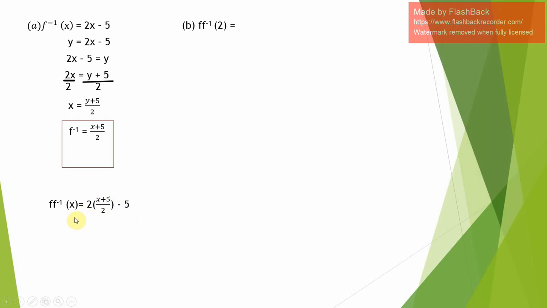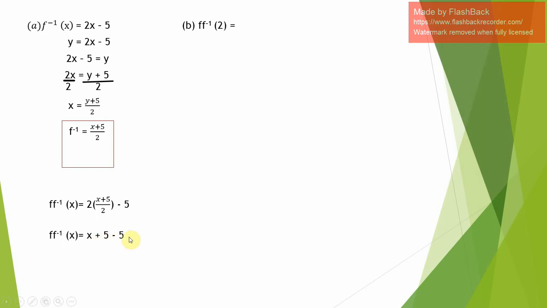If you are critically thinking, when I multiply by 1 throughout, the same thing will come out, so there's no need of doing that. So we're going to have f inverse of x is equal to x plus 5 minus 5, because 2 and 2 make a 1 multiplied by x plus 5, that is x plus 5, then minus 5. Then here we can say these signs are different.